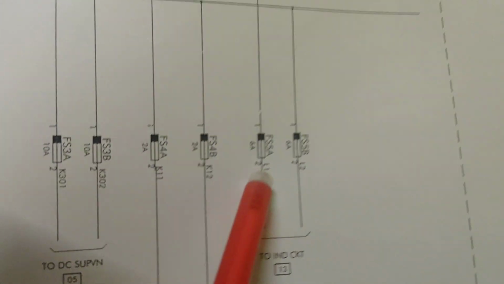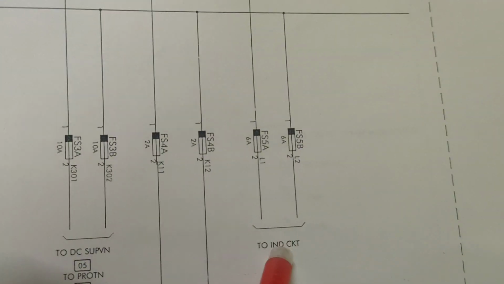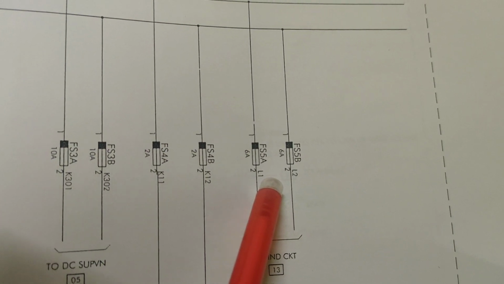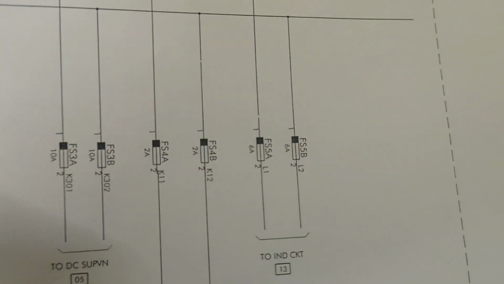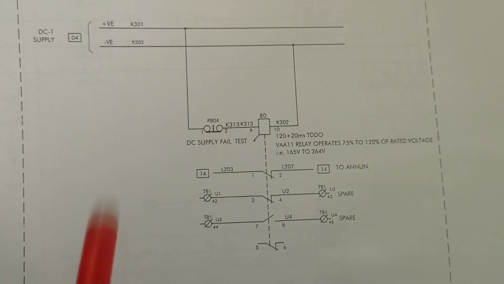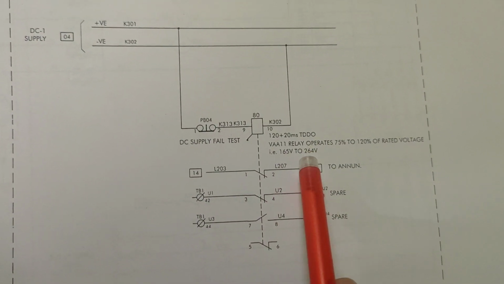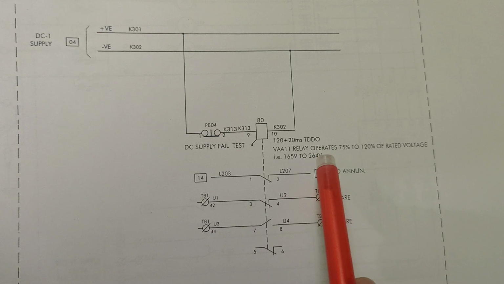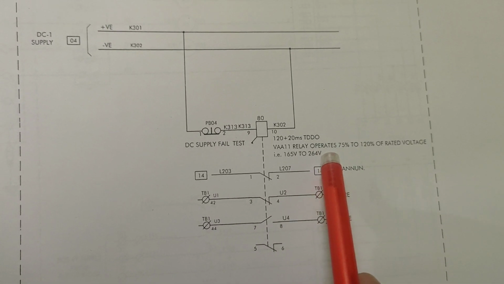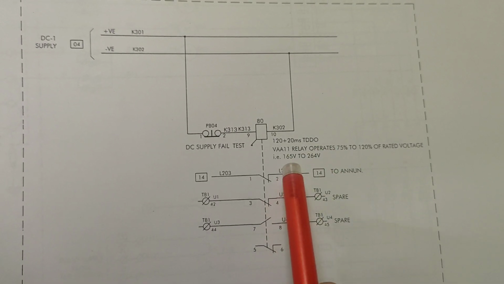For the indication circuit we use the ferrules L1 and L2. On the same bus, one DC supervision relay is also used for checking whether DC is present or not.